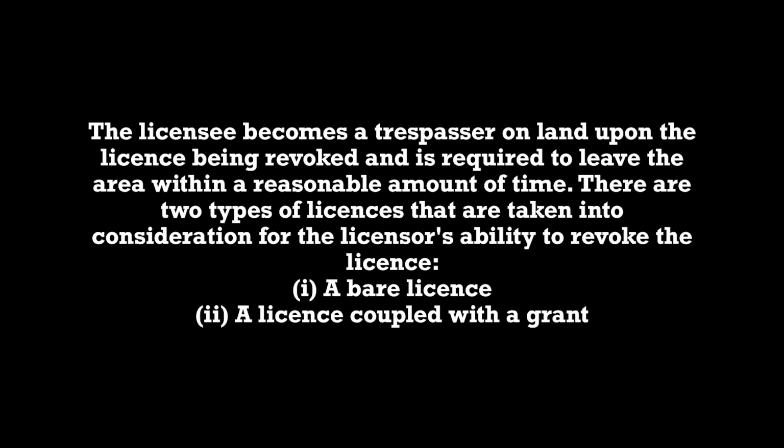The licensee becomes a trespasser on land upon the license being revoked and is required to leave the area within a reasonable amount of time. There are two types of licenses that are taken into consideration for the licensor's ability to revoke the license. First is a bare license and second is a license coupled with a grant.